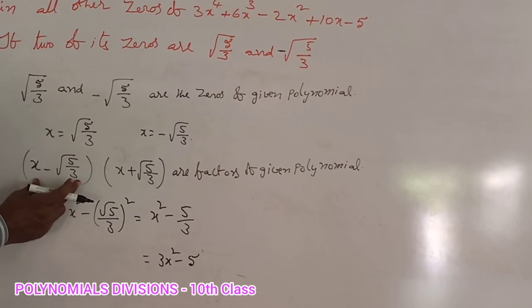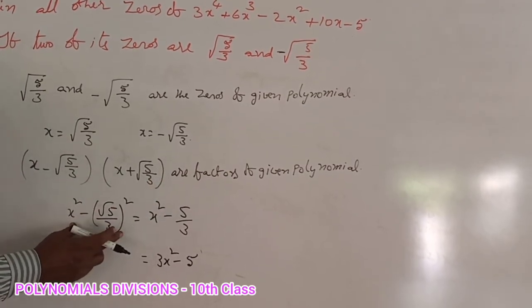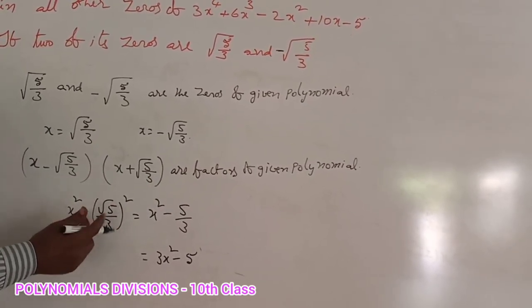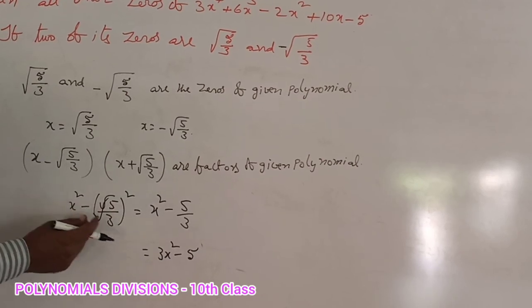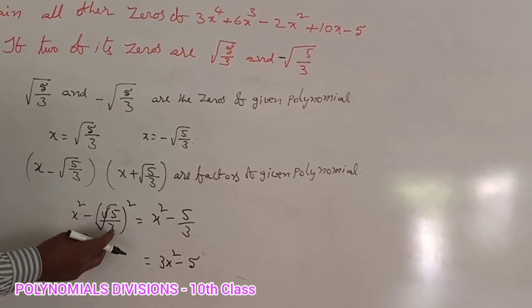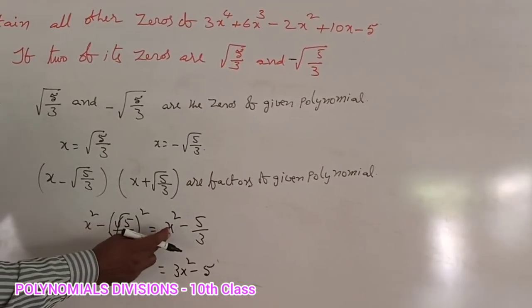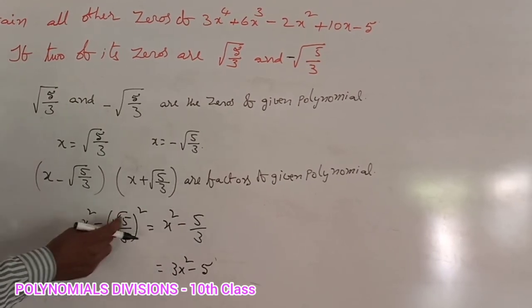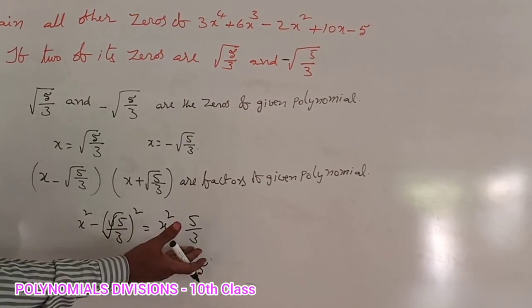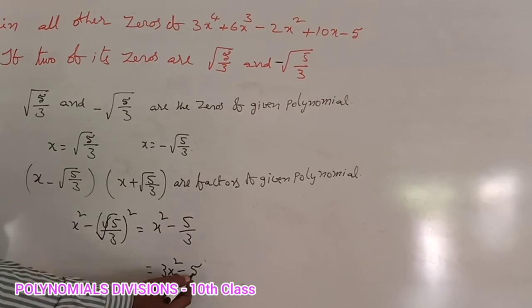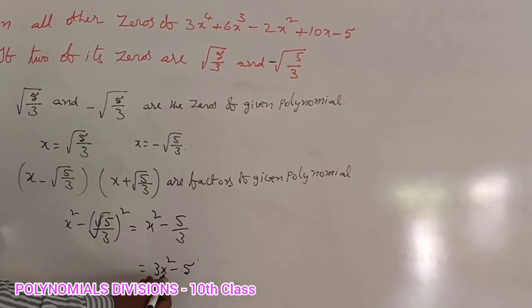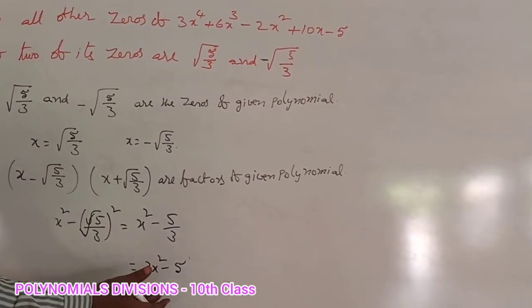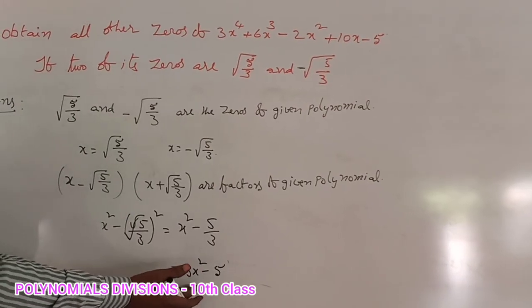It is in the form of (a minus b) into (a plus b), a square minus b square. So x square minus root 5 by 3 whole square; the square and root cancel, that is equal to 5 by 3. Then taking the LCM, 3x square minus 5 is equal to 0. 3x square minus 5 is the divisor.